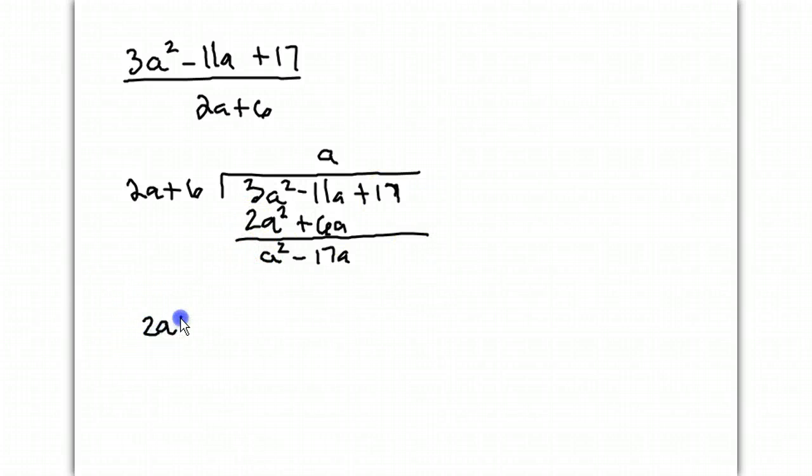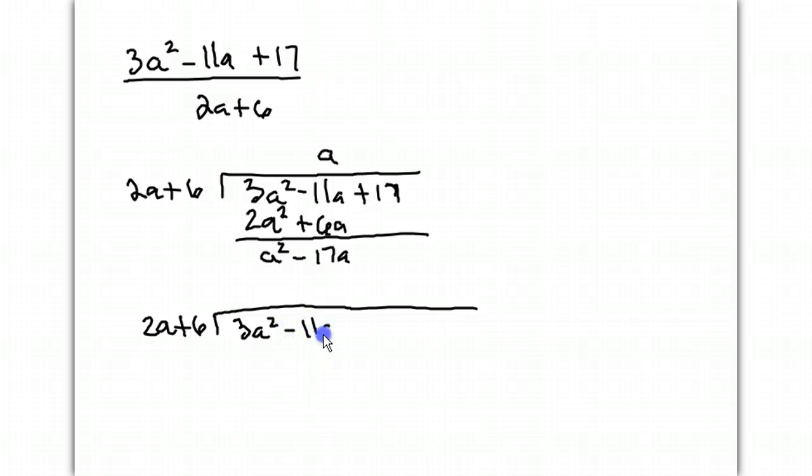We have 2a plus 6, and we're dividing that by 3a squared minus 11a plus 17. So I need to multiply 2a by something that will give me 3a squared. Well, when you look at 2, what times 2 will give you 3? Well, when you divide by 2, then you have 3 halves.